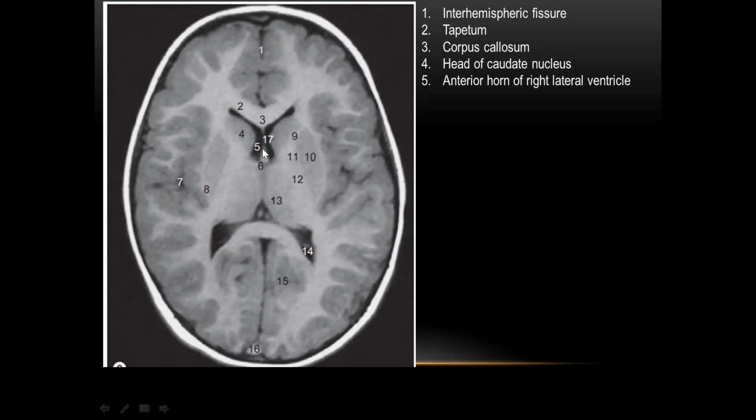Which part? Anterior horn. Excellent. Number 6, interventricular foramen. Excellent. Number 7, Sylvian fissure.